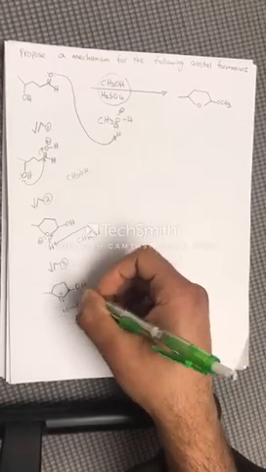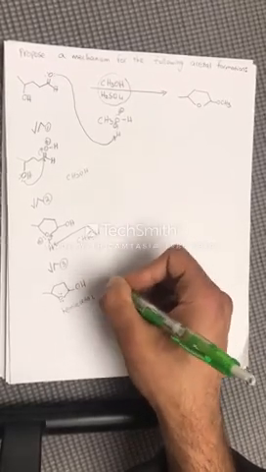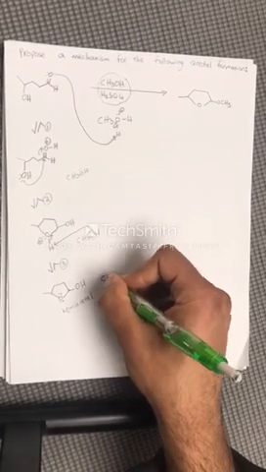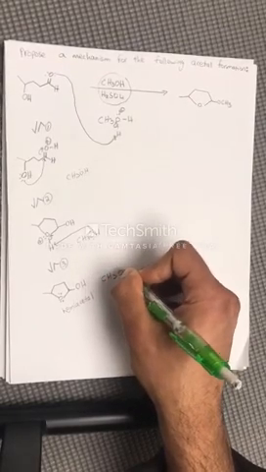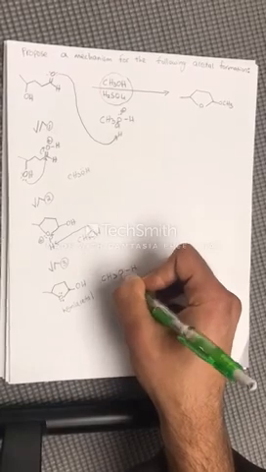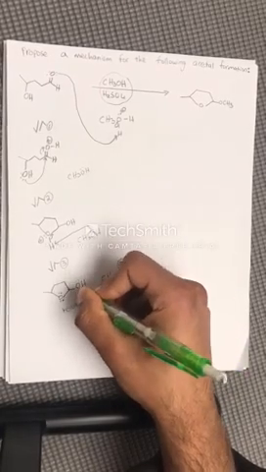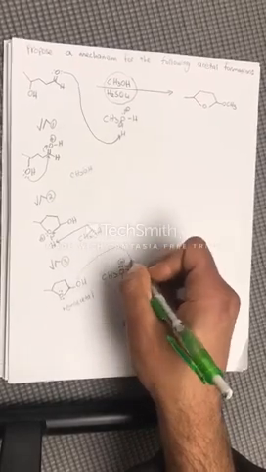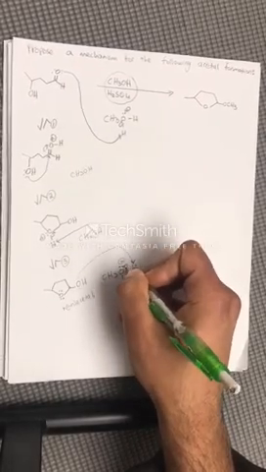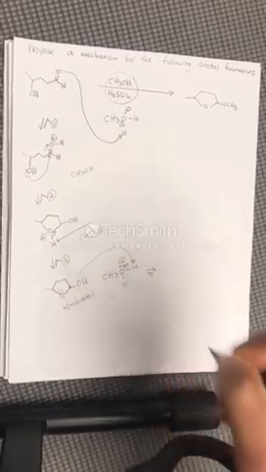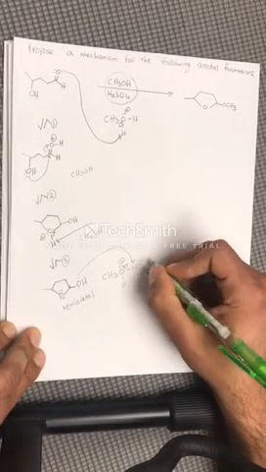Next, we want this water to leave. So this water is what's going to become protonated next from the methoxide, or, I'm sorry, from the oxonium. And you get step 4.